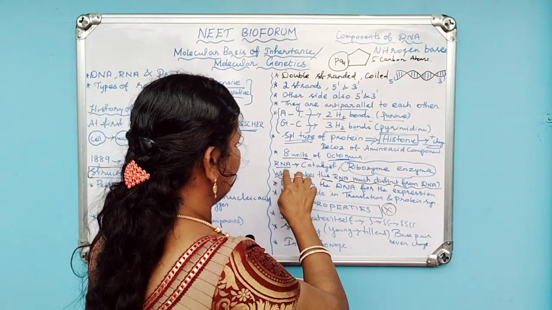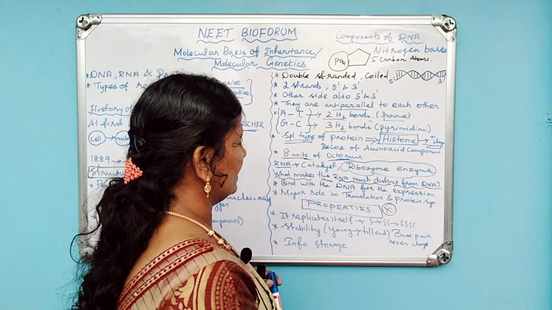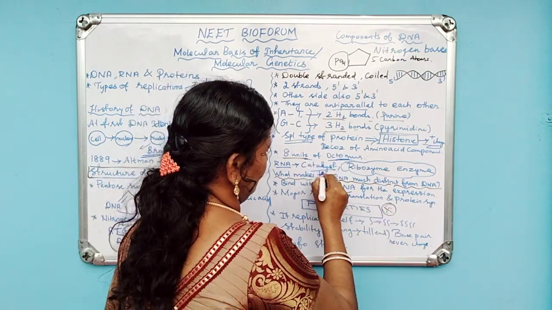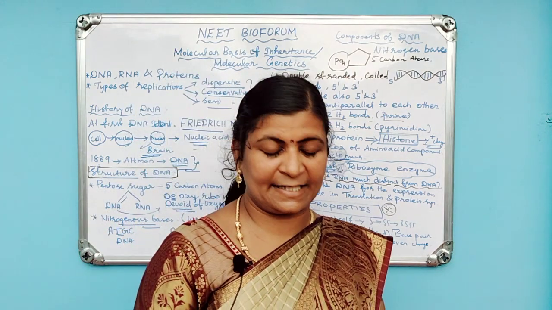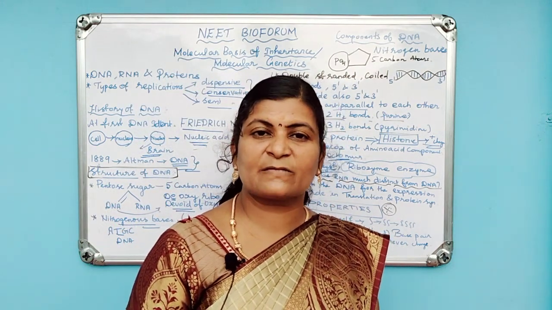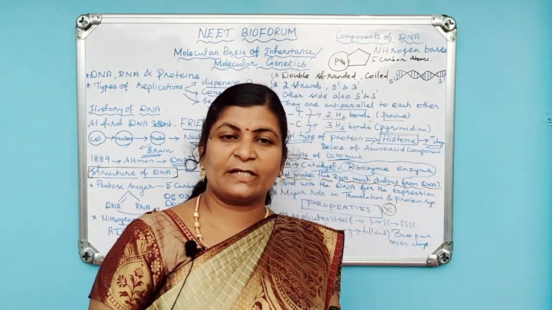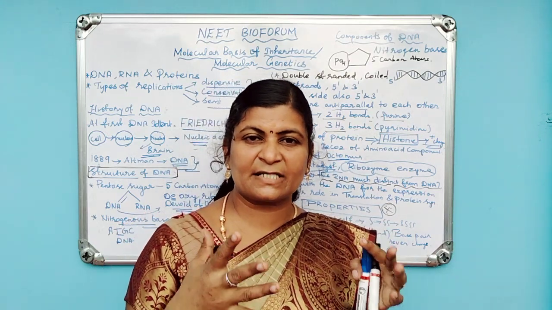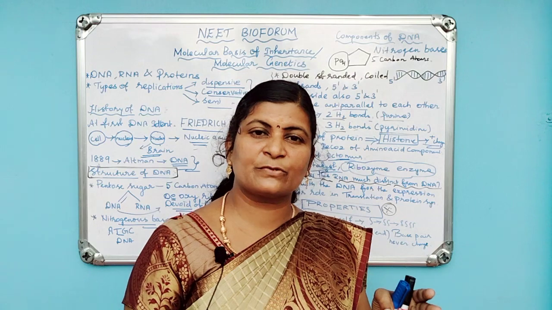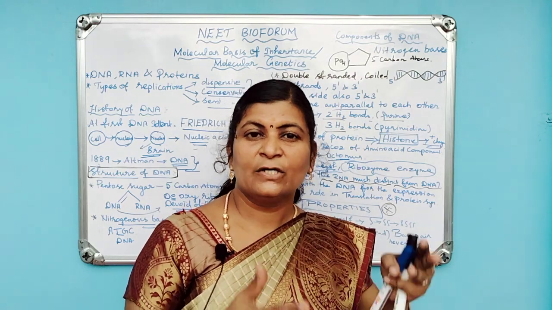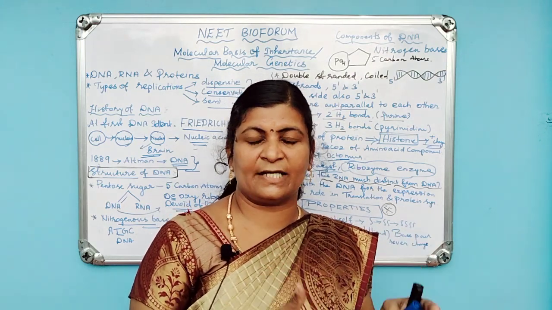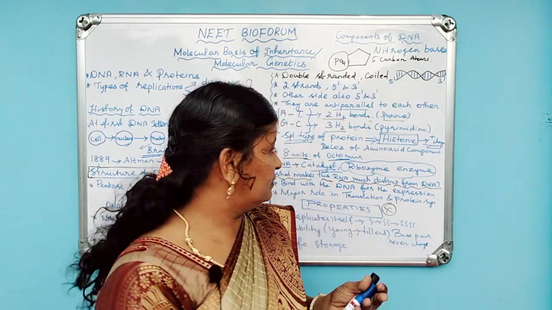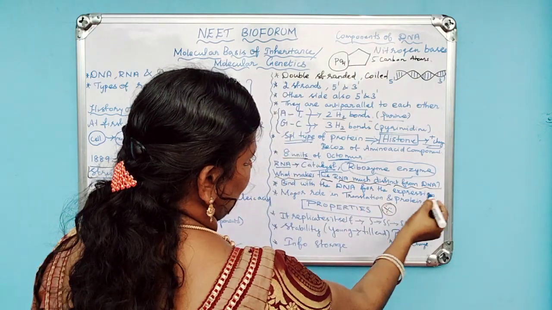Next we will see RNA. RNA can act as a catalyst. What is meant by a catalyst? For example, an enzyme or any substance that helps to speed up the reaction. In RNA, ribozyme is present, which helps to speed up the reaction.